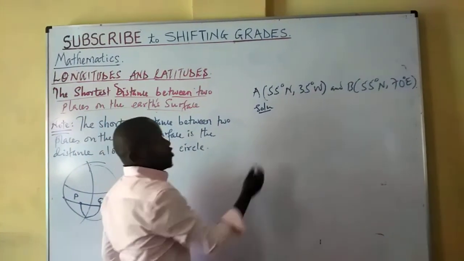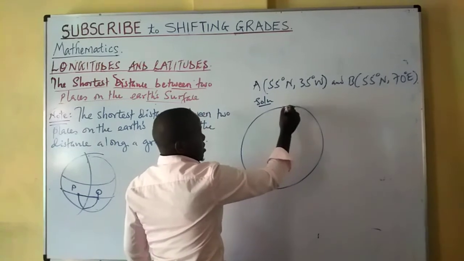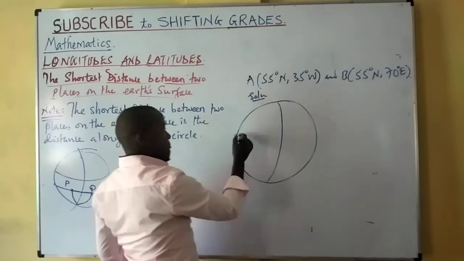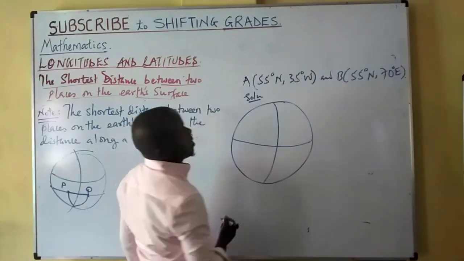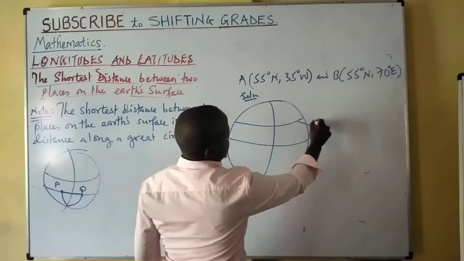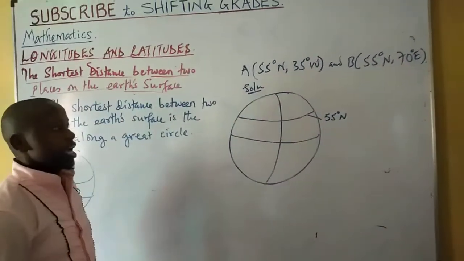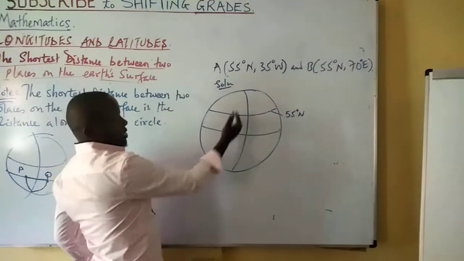You can first of all sketch the two places on the Earth's surface like this. 55 north, that is the latitude, 55 north. Then we are told A is 35 west.